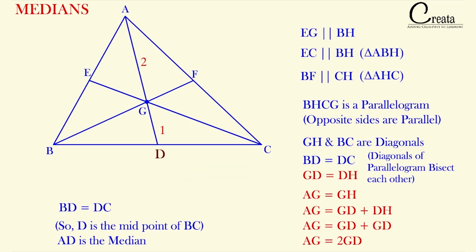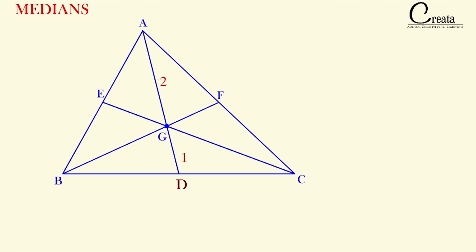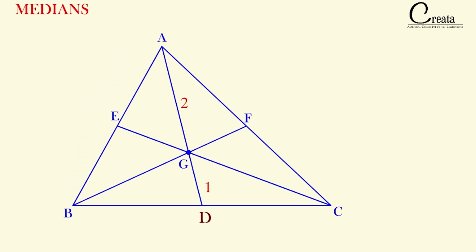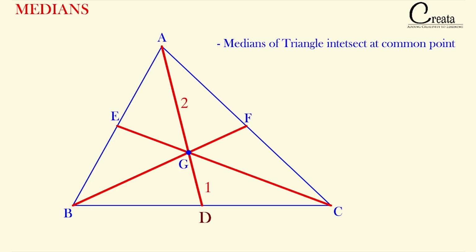Got it? So we have proved two things. First, that three medians in a triangle intersect at a common point. Then that the centroid, that is the common intersection point, divides the median in the ratio 2:1. Okay, got the point? So let's move to the next topic.